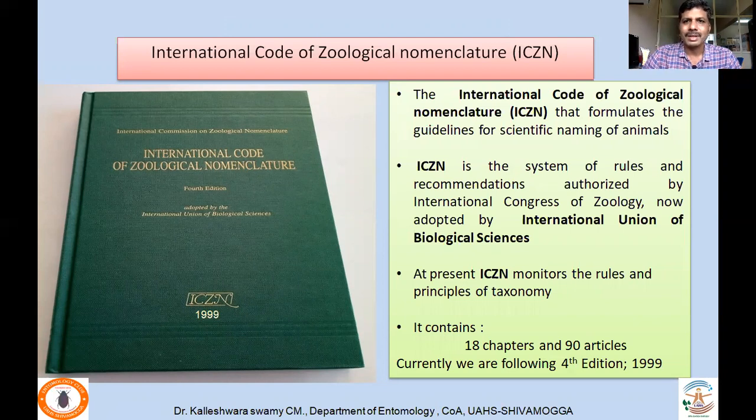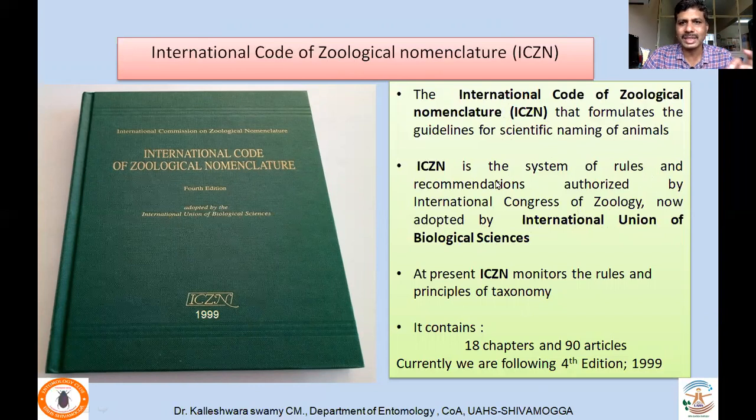So, considering its importance, a body of scientists came together, which is called the International Code of Zoological Nomenclature, authorized initially by the International Congress of Zoology, but now adopted by the International Union of Biological Sciences. This ICZN formulates the guidelines for scientific naming of animals. As we talk about zoology, it only monitors the scientific names of animals.